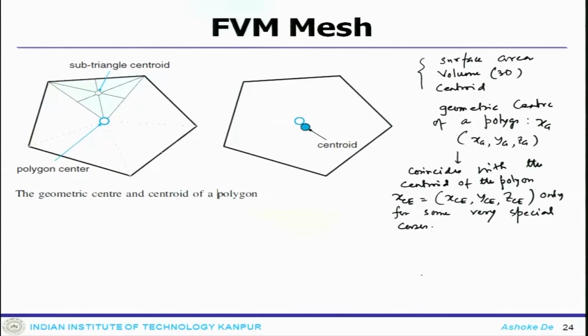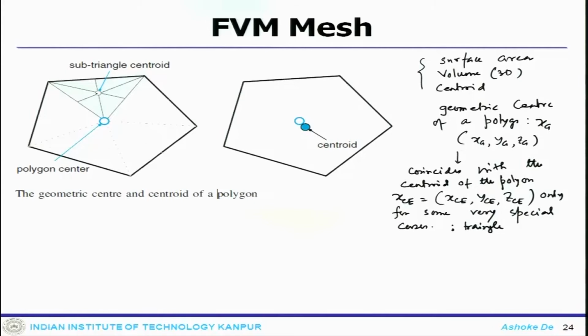One immediate example could be the triangle. For the triangle, the centroid and the geometric center will coincide. That is the beauty of a triangle.